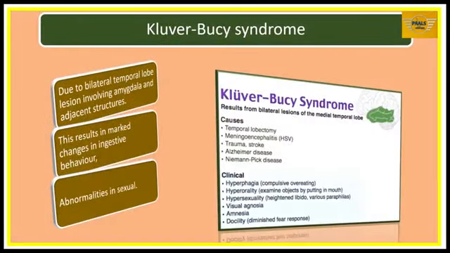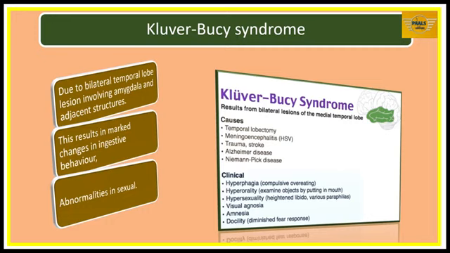We have a syndrome associated with the amygdala and some of the structures at the level of the temporal lobe, and one of these syndromes is called Kluver-Bucy syndrome. Kluver-Bucy syndrome will arise as a result of bilateral temporal lobe lesion involving the amygdala and adjacent structures.